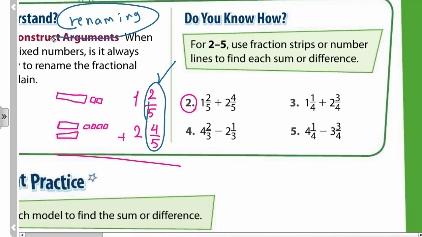Sometimes we may need to do this renaming. So we will start with the fractional parts. Okay, go ahead. So we have here 2 fifths and 4 fifths. How many fifths in all?